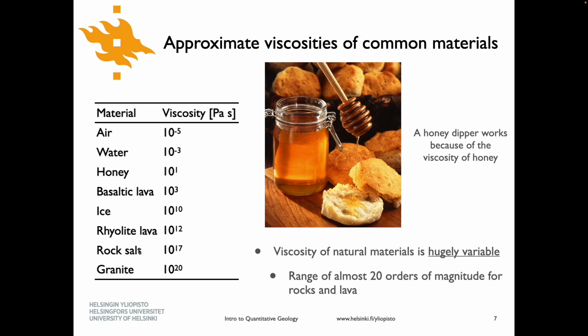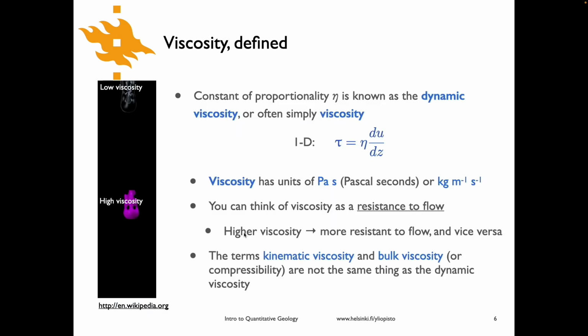So these are reference viscosities for materials at approximately room temperature. The higher the viscosity is, the more resistant it is to flow, and generally that's the inverse of the temperature relationship. The higher the temperature is, the more easily it flows, which means its viscosity is going down.